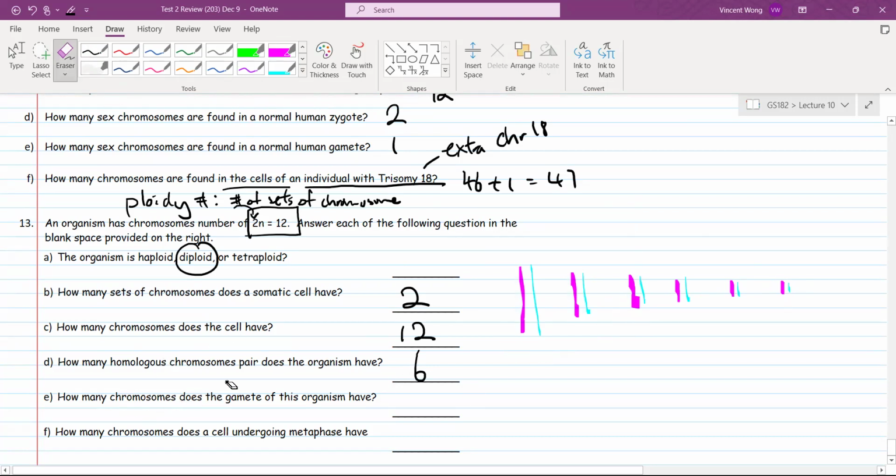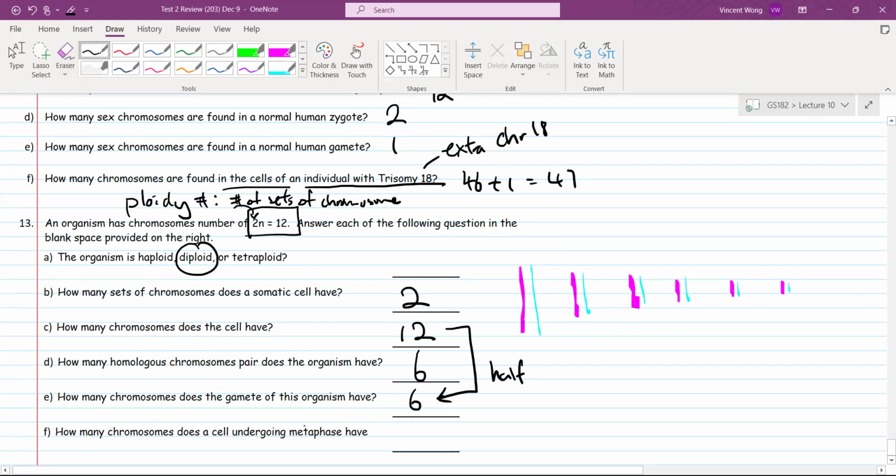How many chromosomes does the gamete of this organism have? If it's a gamete, it's half of the full set, half of all the chromosomes, as you say. How many chromosomes does a cell undergoing metaphase have?